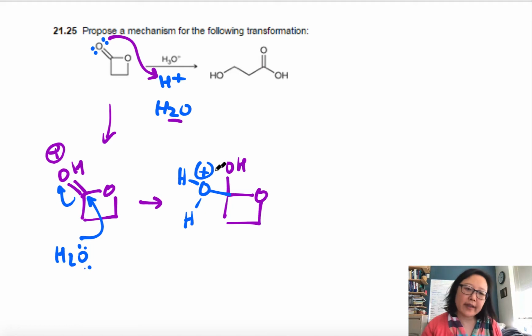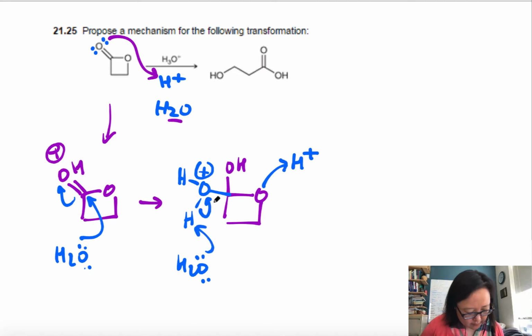Eventually, I think you guys can see very similar to those reactions with the hemiacetals and the acetals, all those reactions we did. We want to have an elimination occur such that this group comes off. So we need this to be a better leaving group. So probably want to protonate this part, and I probably want to deprotonate this part so I can hold on to it.